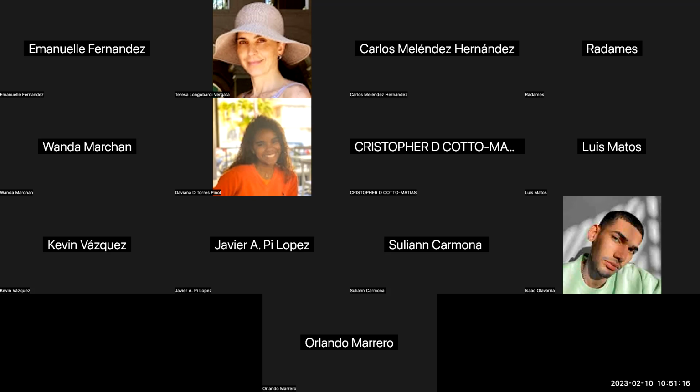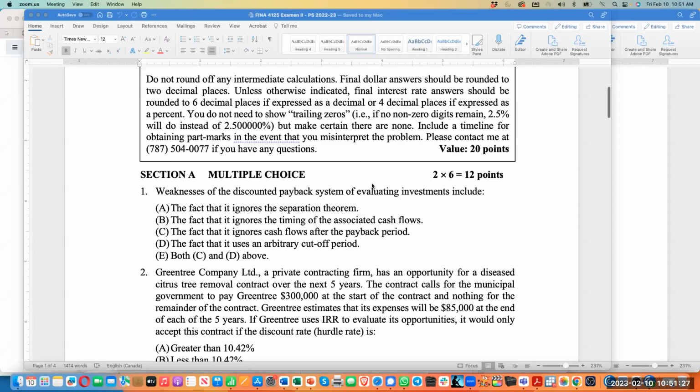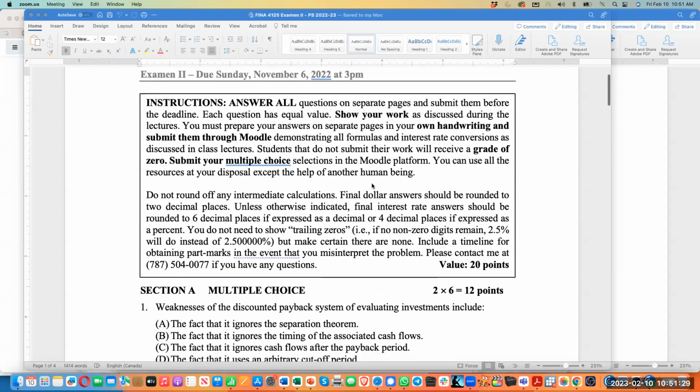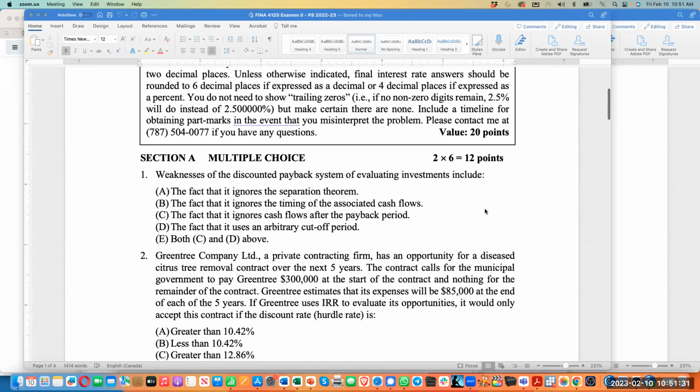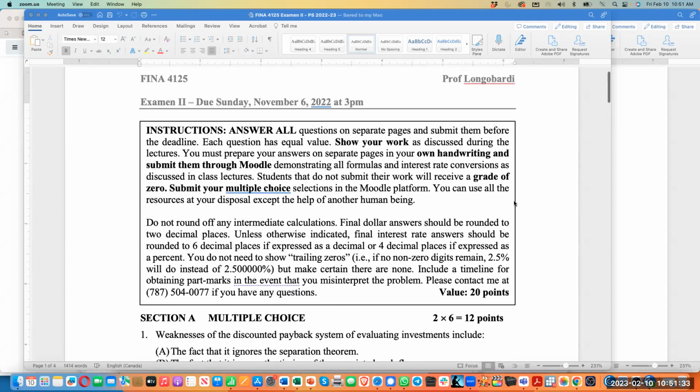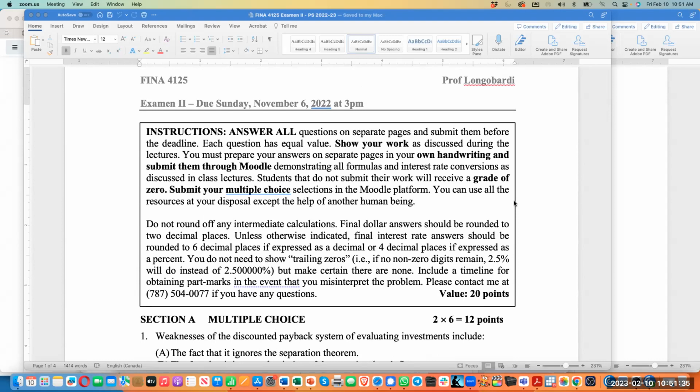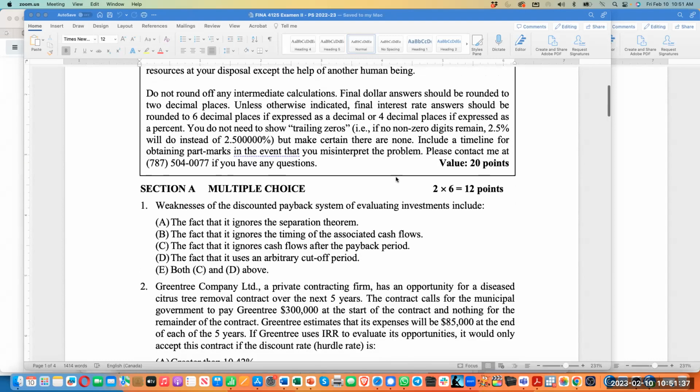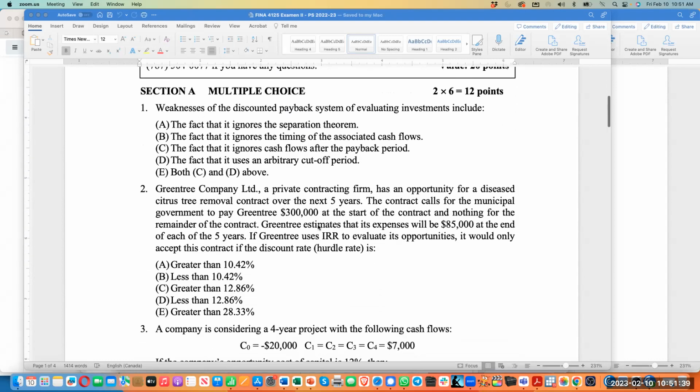I didn't have too much choice last year either. It's going to be different because we're going to be in person, so I imagine I'll have some options. In this exam, it was answer all questions, with some instructions, and they were multiple choice.